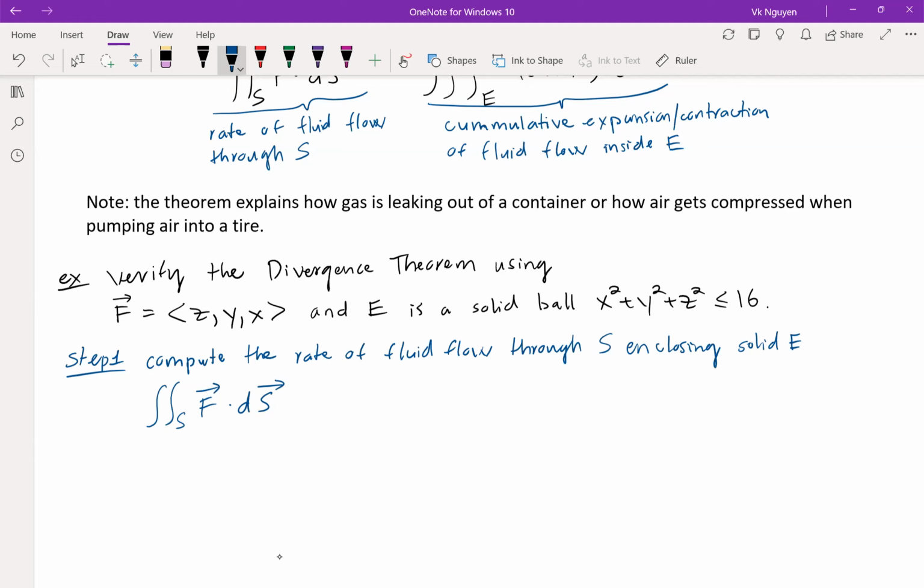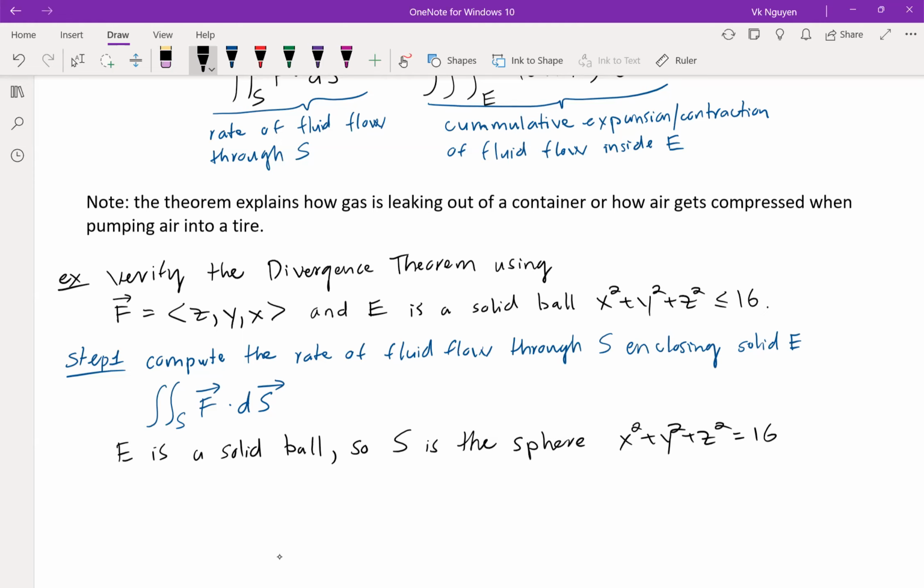Well, it's a solid ball, so that means S is going to be a sphere: x squared plus y squared plus z squared equal 10. It's just a sphere.